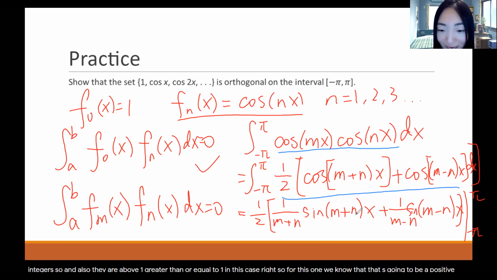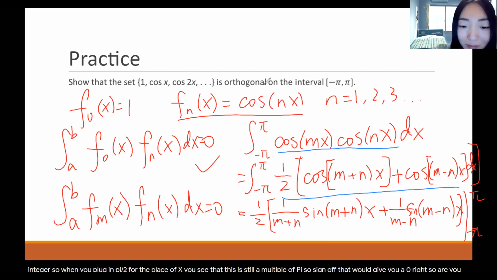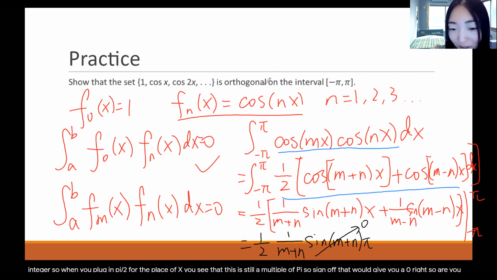So sine of that would give you a 0. Are you convinced? So for the first item, when I plug in x equals pi, this is sine of some positive constant times pi, which is 0.